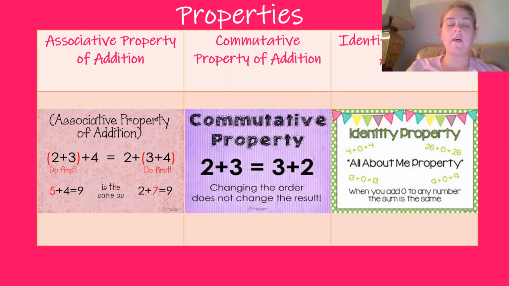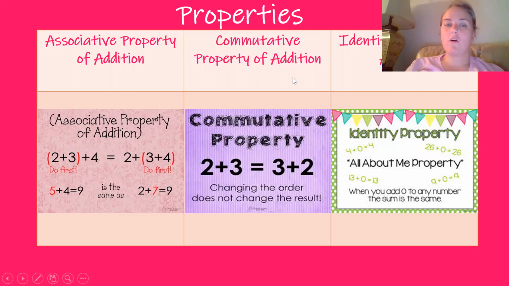For example, if I add 2 plus 3 first, it's going to give me 5, and then I add 4, it's going to give me 9. That's the same thing as if I add 3 plus 4 first, and then add 2, it's still going to give me 9. So it doesn't matter what order you add them in, as long as you add the same numbers together, you're going to get the same answer.